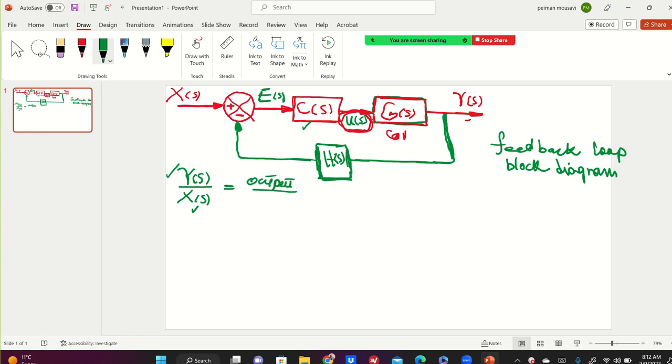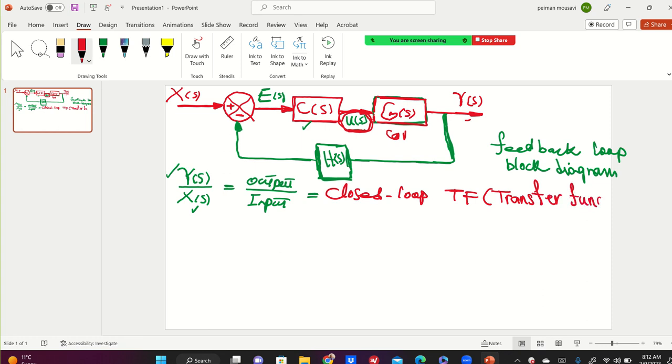Output over input of the system we name, this is a technical name, closed loop transfer function. TF is for transfer function.